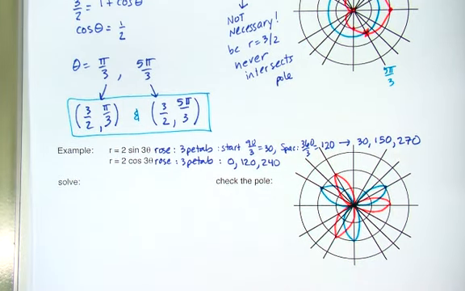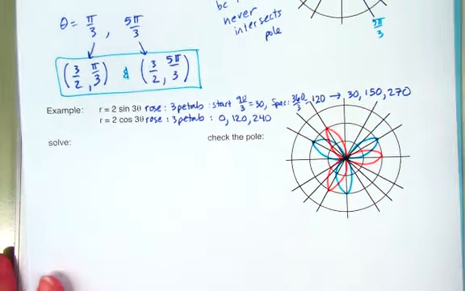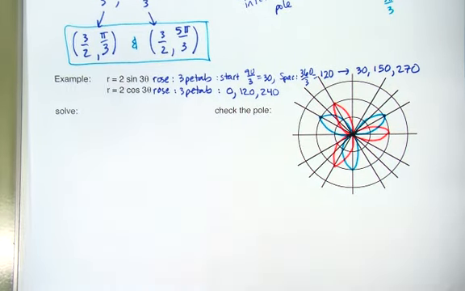Okay. How many potential intersection points do we have? Like a lot. All right, not that many. We've got one here, one here, one here. But remember, these are odd-petaled roses, so their cycle is only pi.